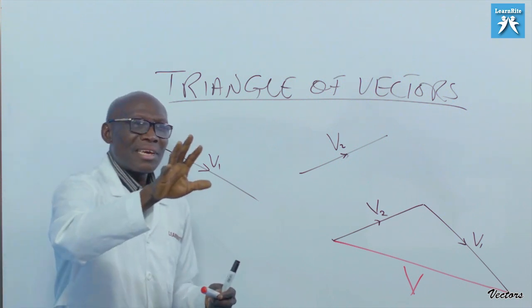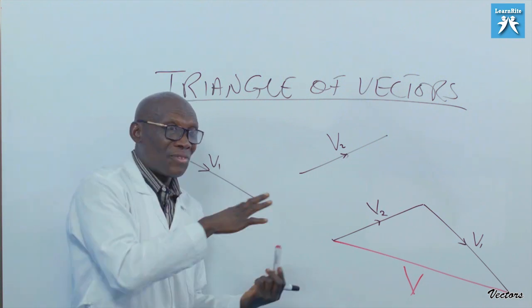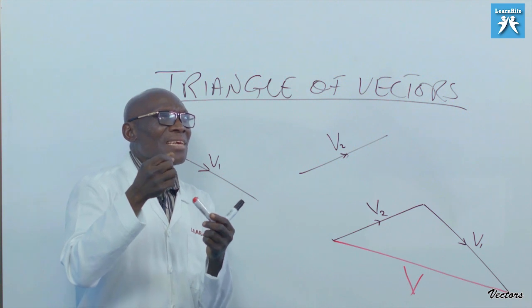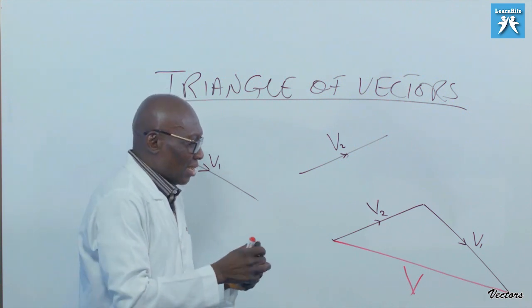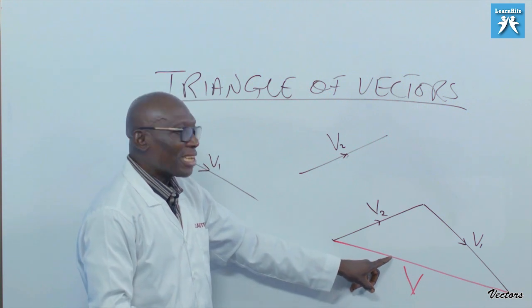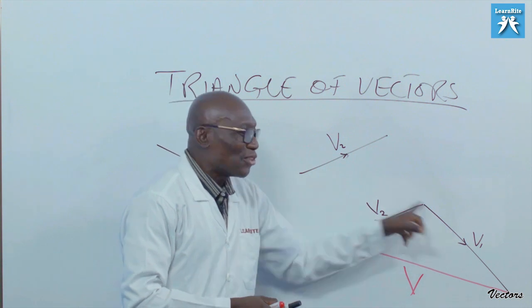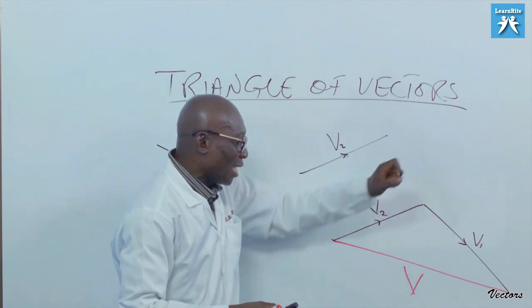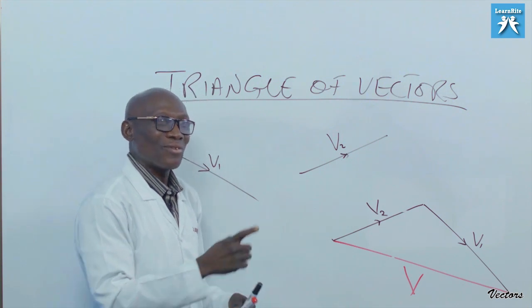I'm just trying to send your mind back to what we did in the previous lesson. We said that this resultant vector is taking the place of these two. I mean, you put them together and you are getting this. So this one can take the place of the two. All right, so let's check.